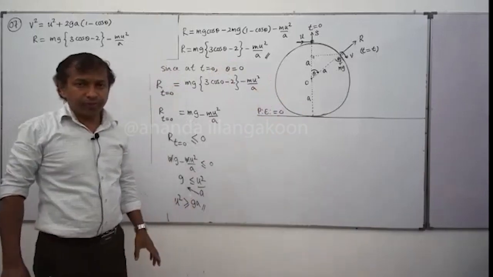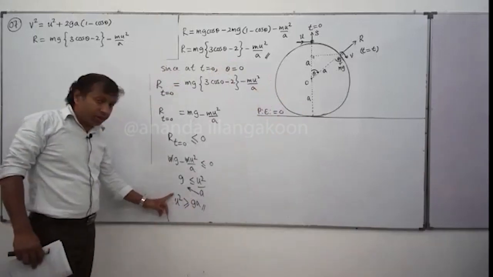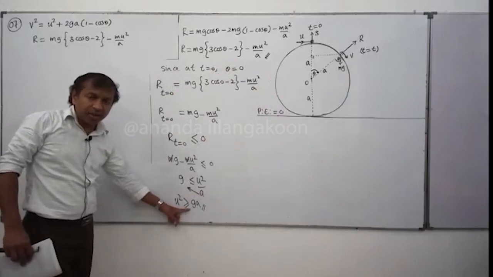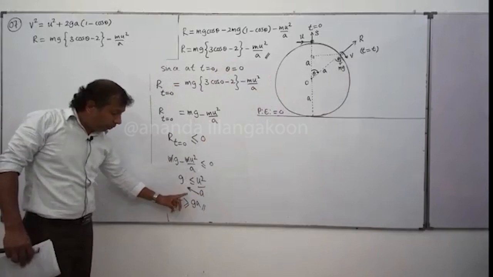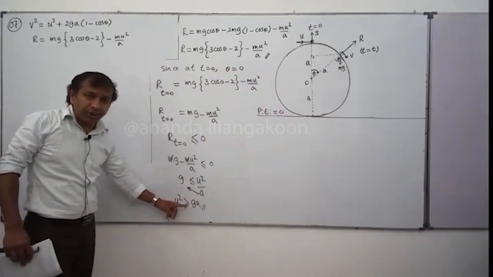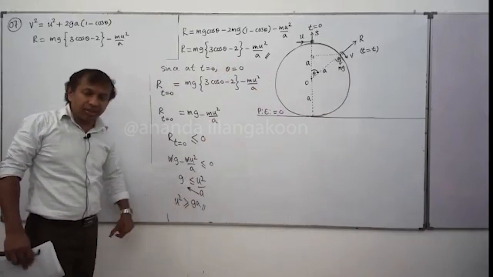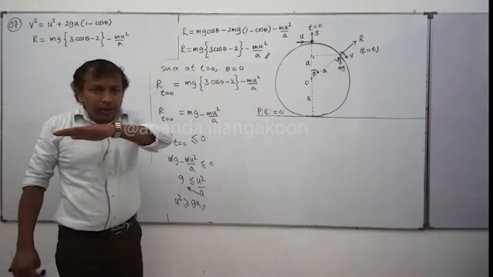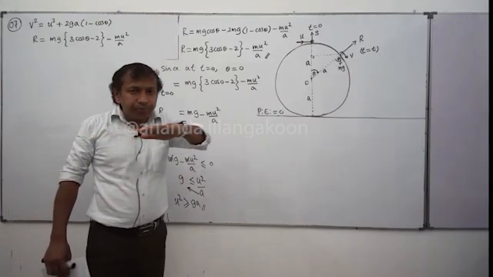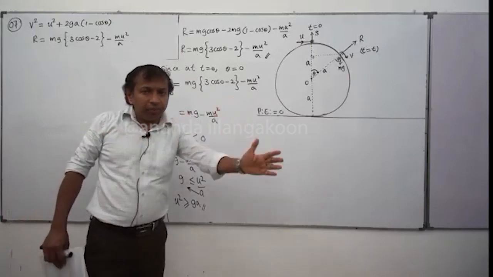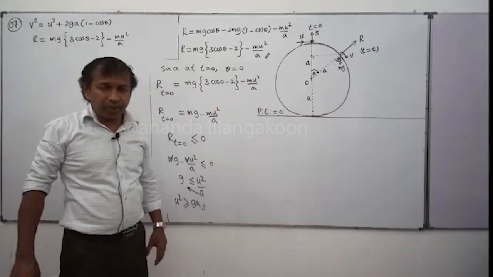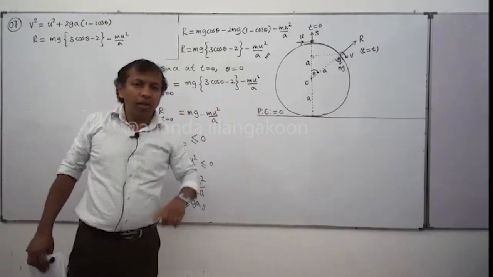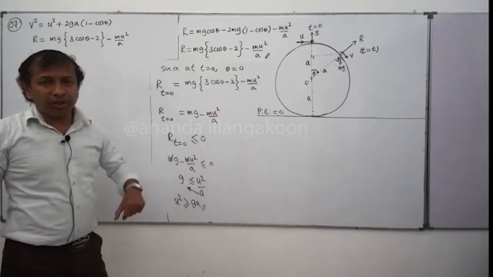If this condition is not valid, that means u squared is less than ga, then the particle does not begin projectile motion immediately. It moves on the surface a little distance and then begins the projectile motion.